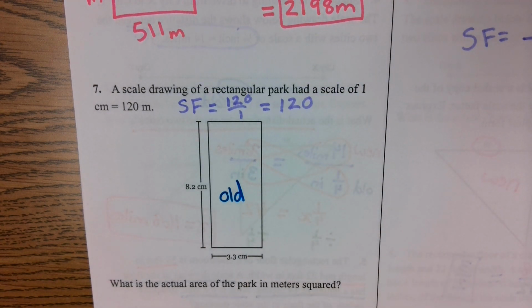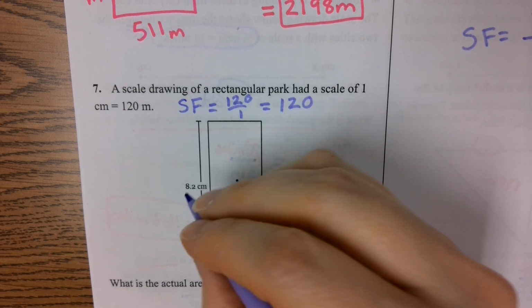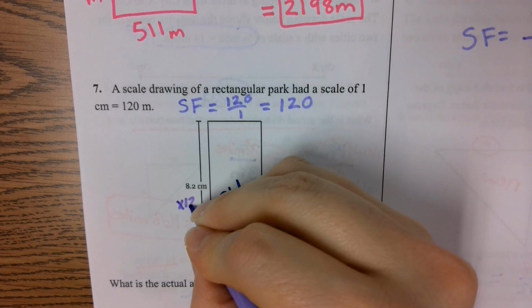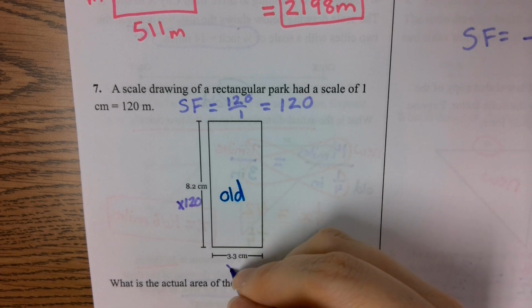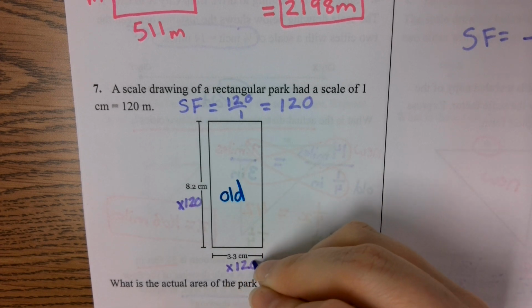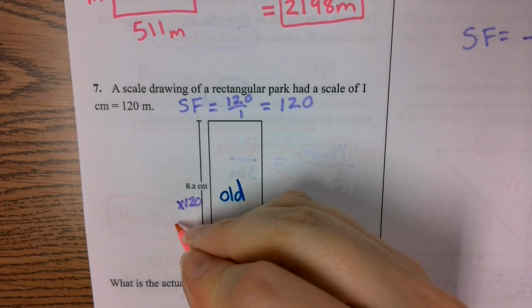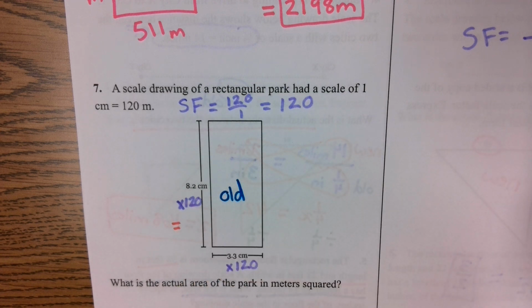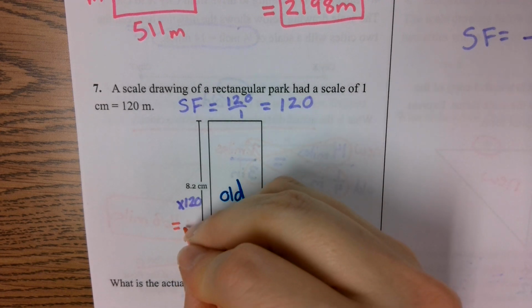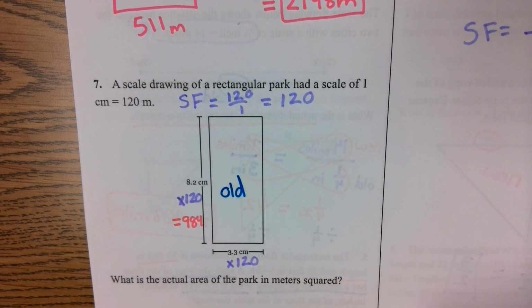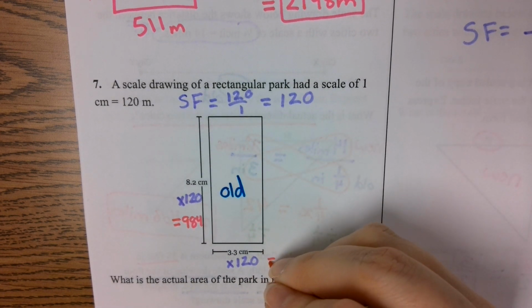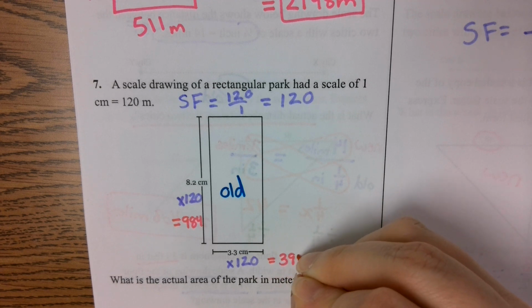So we're going to take 8.2 and multiply it by 120. We're going to take 3.3 and multiply it by 120. When we do 8.2 times 120, that's going to come out to 984. When we do 3.3 times 120, that's going to come out to 396.